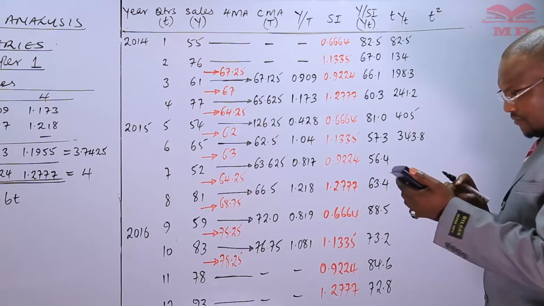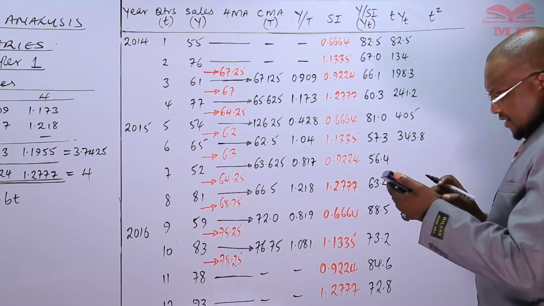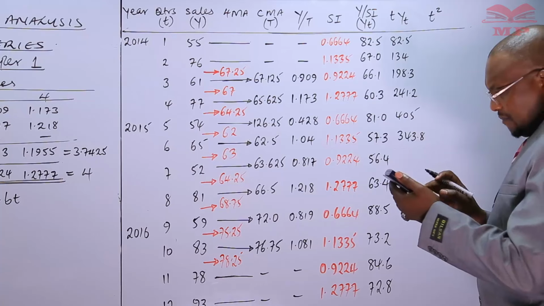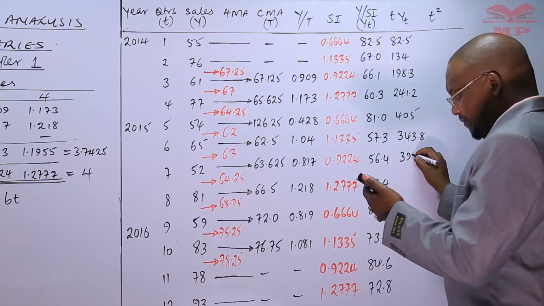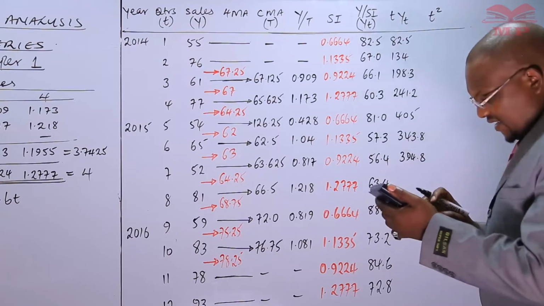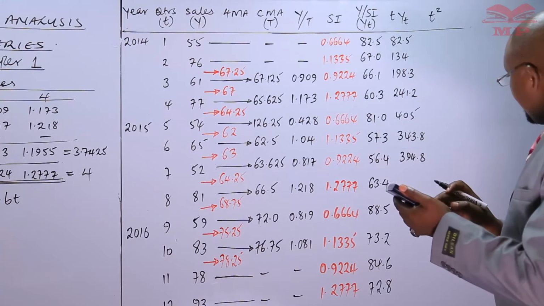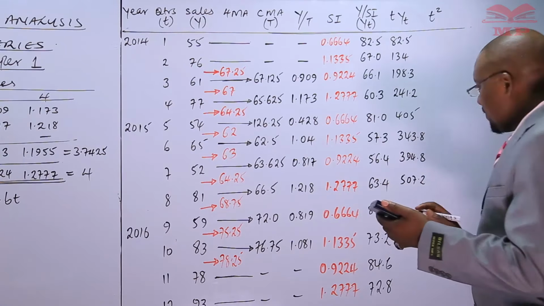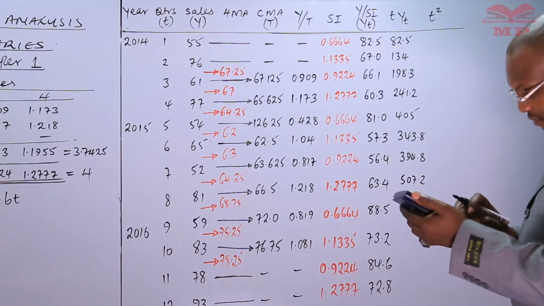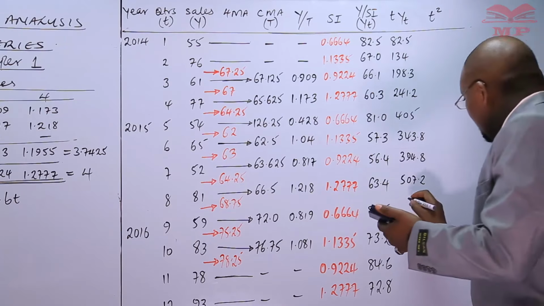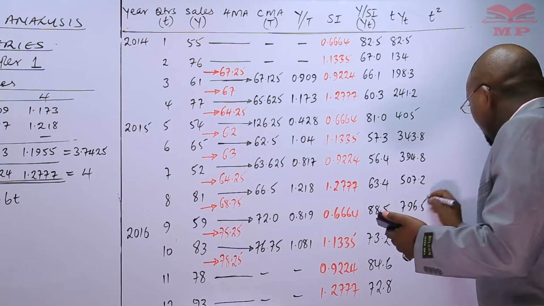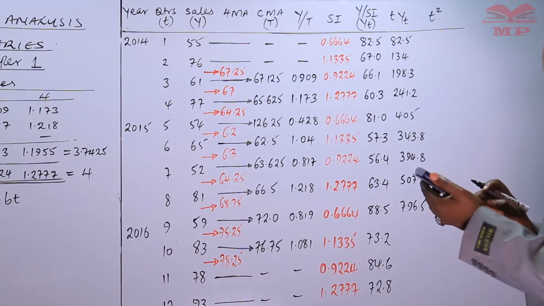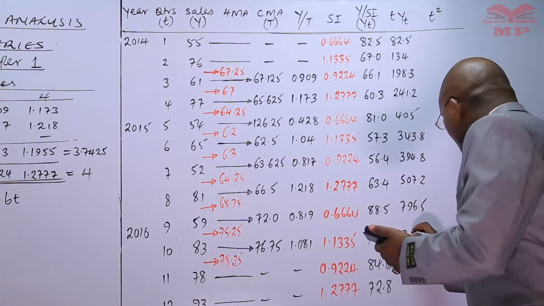There is 7 times 56.4 M plus, this is 394.8. There is 8 multiplied by 63.4 M plus, this is 507.2. There is 9 times 88.5 M plus, this is 796.5. There is 10 multiplied by 73.2 M plus, this is 732.